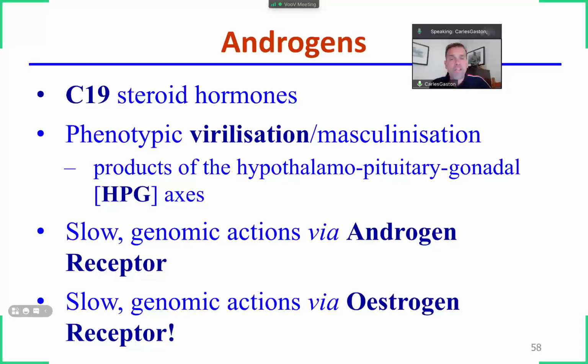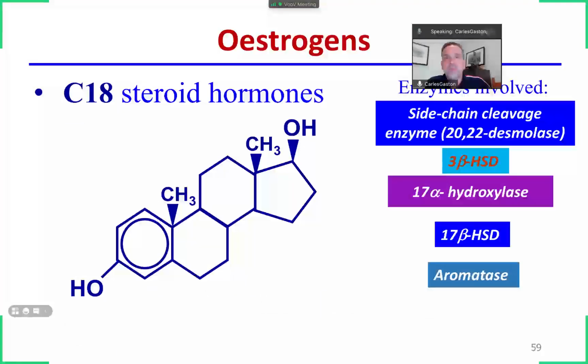So it has genomic actions via the androgen receptor, and the estrogen receptor also has slow actions, right? And basically it produces changes in the organs that it targets, which we will study in the future. So the estrogens, which are the feminine ones, right?